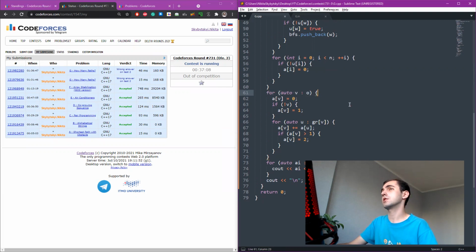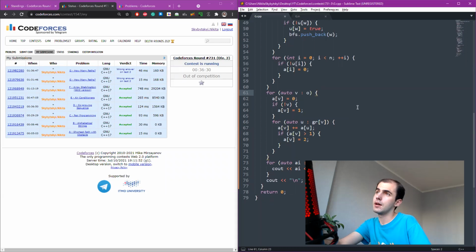Then I loop over all vertices in my topological order, and I say the following. Original vertex gets 0, with the following idea in mind. If it is a starting vertex, then we have to set it to 1, because if it's in topo order, then it's not in a cycle. If it's not in a cycle, there is only one way to reach root, and that's do nothing.